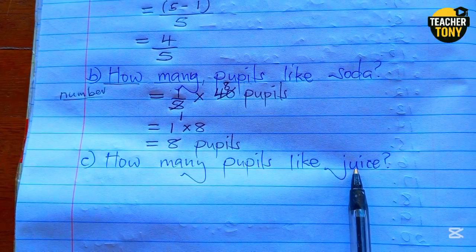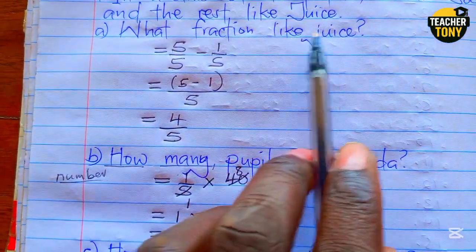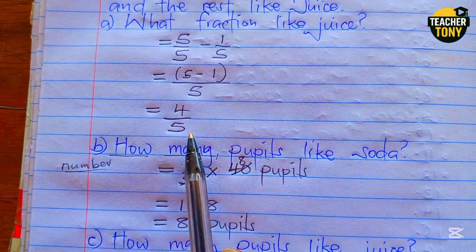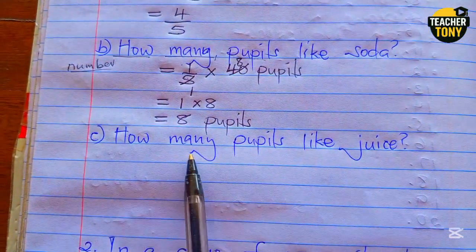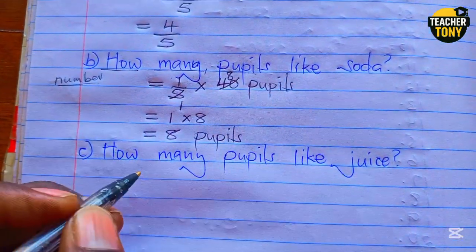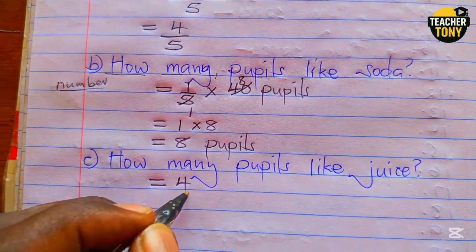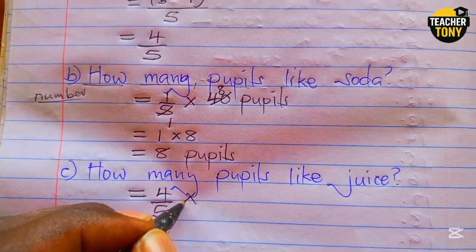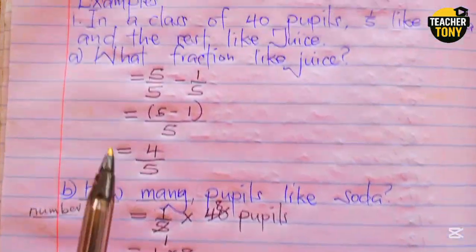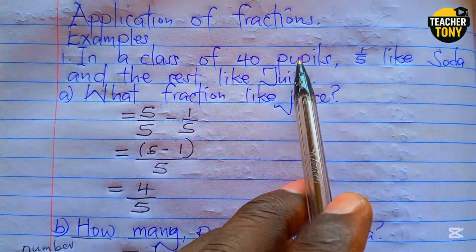So we're going to use the fraction of juice, which is what fraction like juice. We got it, that is 4 out of 5. So they are saying from here, how many people like juice. We use the fraction of those who like juice, that is 4 out of 5, multiplied by the number of people in the class, which is 40, because they are saying in a class of 40 pupils.